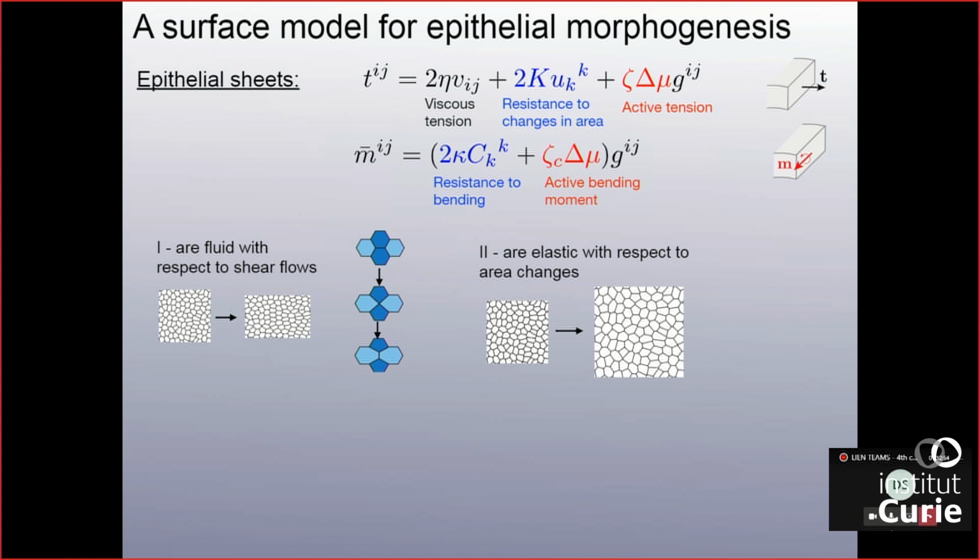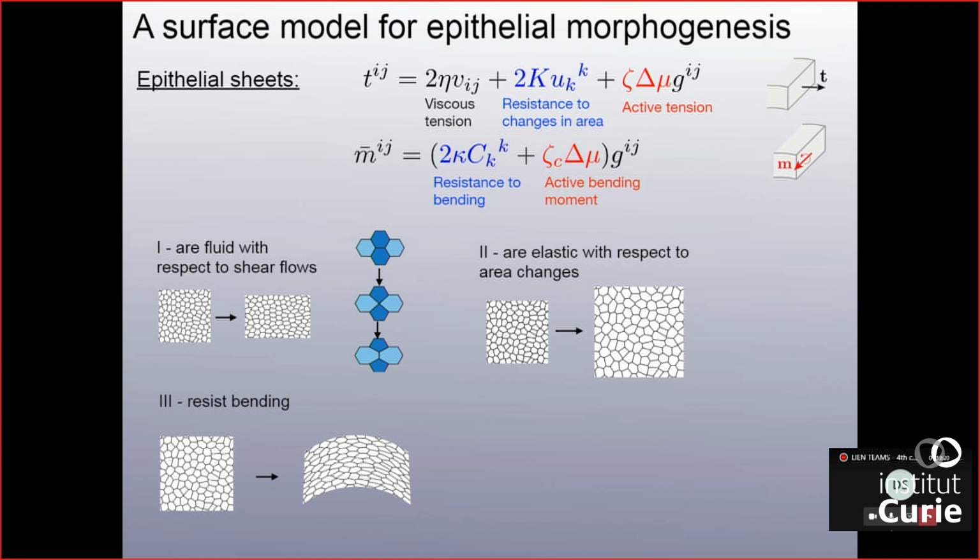However, this second term here describes the resistance to change in area, and we expect it to describe the fact that the tissue is elastic with respect to changes of area, because if there is no cell division and cell death, and one pulls on the tissue in all directions, so isotropically, the cell area increases, and if the cells have a preferred area, they will then exert a restoring force.